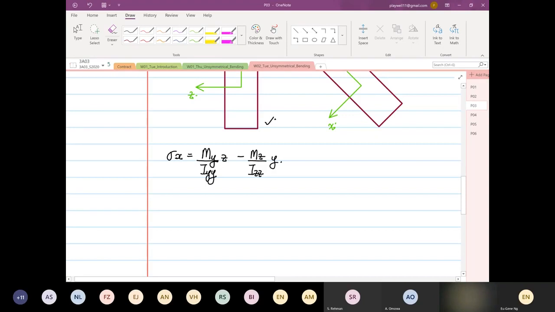So this is what we have. So I'm going to call this our equation number 1.